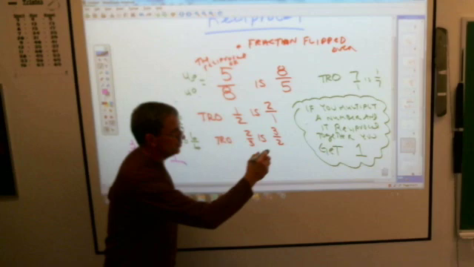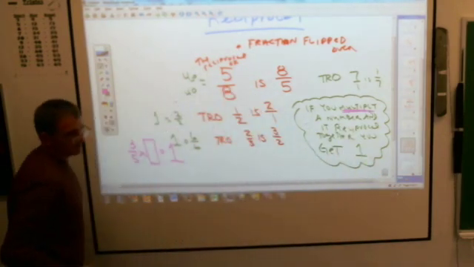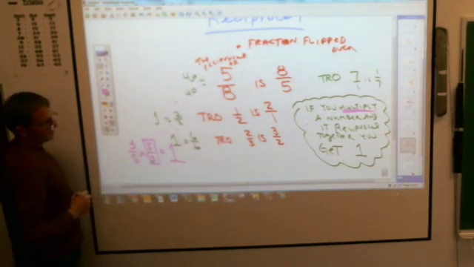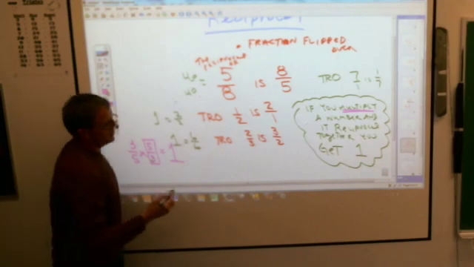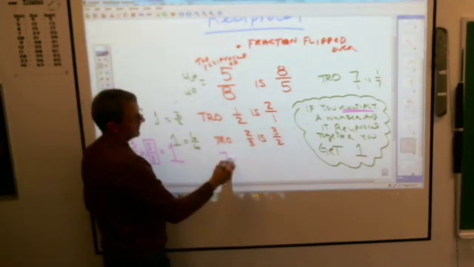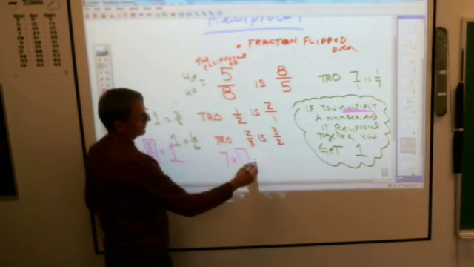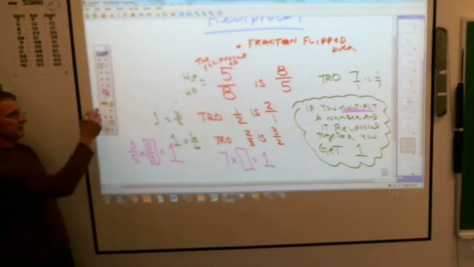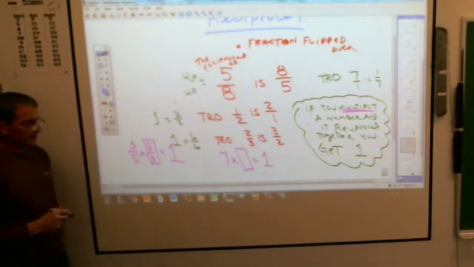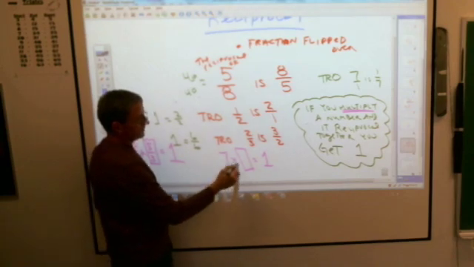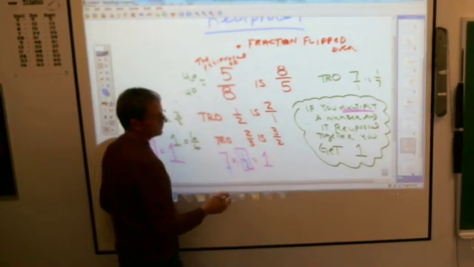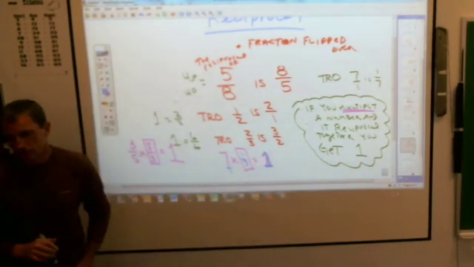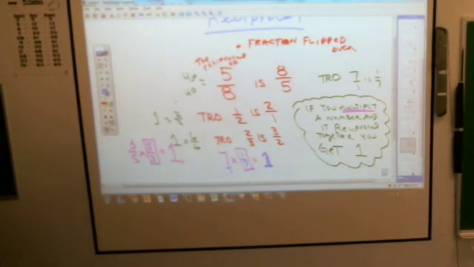Jordan? 5/3. Right, the fraction flipped over. How about this? 7 times what number is 1? Sam? 1/7. Right, because you make this a fraction and flip that over. 7 times 1/7 equals 1. And ta-da. You are now slightly more intelligent than you were back in the day.